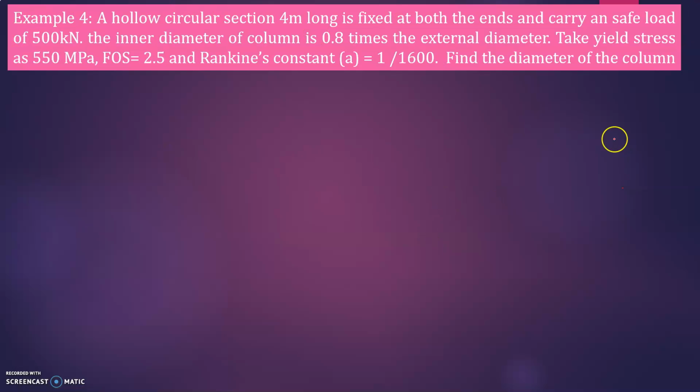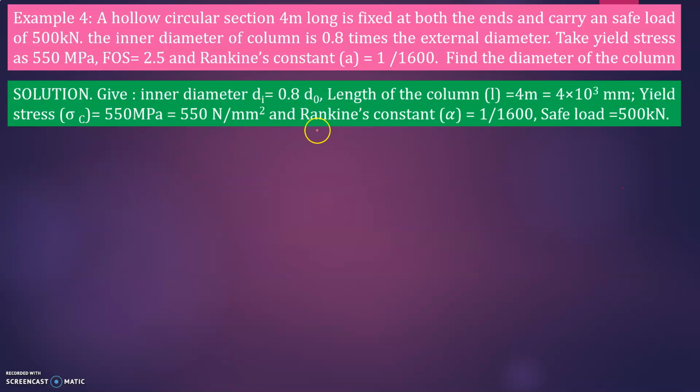Here you have to find the diameter of the column. What is given: the inner diameter of the column is 0.8 times the external diameter, so inner diameter di is equal to 0.8 times the external diameter d naught.